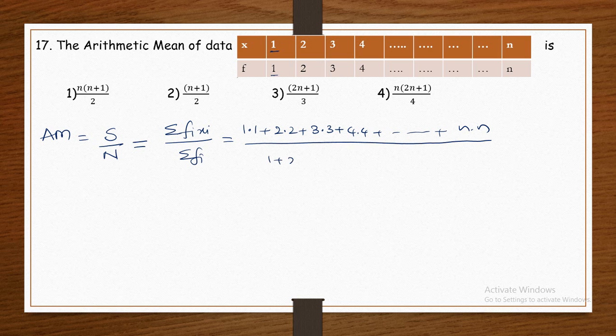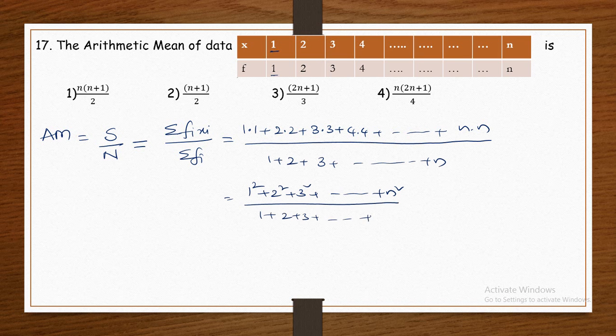The sum of frequencies is nothing but 1 plus 2 plus 3 and so on up to n. In the numerator, this is nothing but 1 square plus 2 square plus 3 square and so on plus n square, divided by 1 plus 2 plus 3 and so on plus n. The numerator is the sum of squares of the first n natural numbers, which is given by n into n plus 1 into 2n plus 1 whole divided by 6.